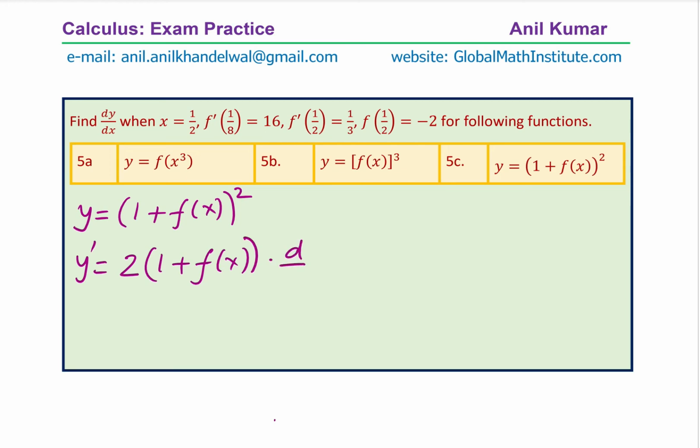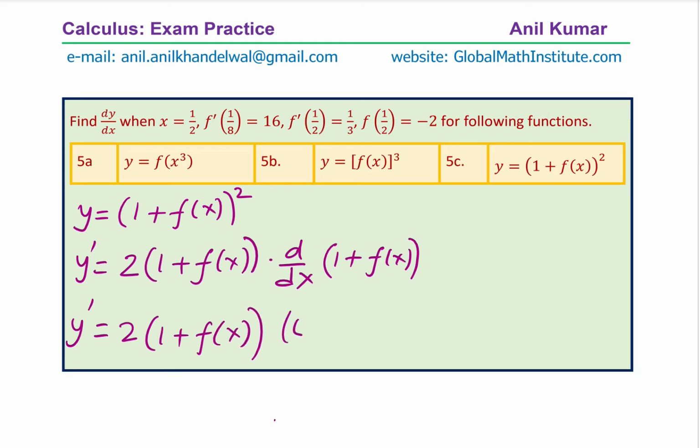So we can write d/dx of the inside function, which is 1 plus f of x. So we get the derivative as 2 times 1 plus f of x times, the derivative of 1 is 0, plus f prime of x. Okay. So now we can substitute the value and find the answer.